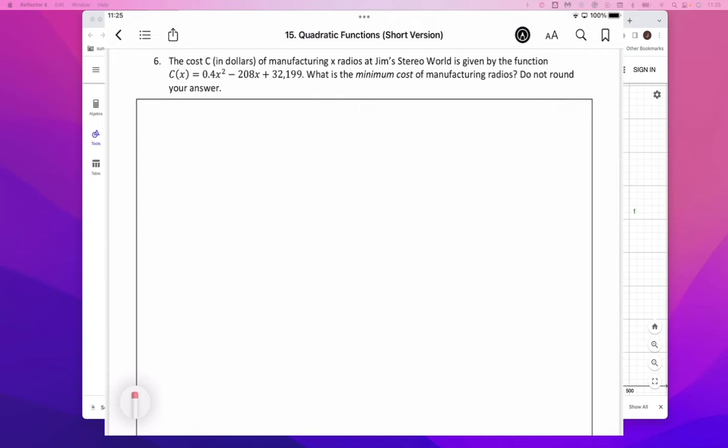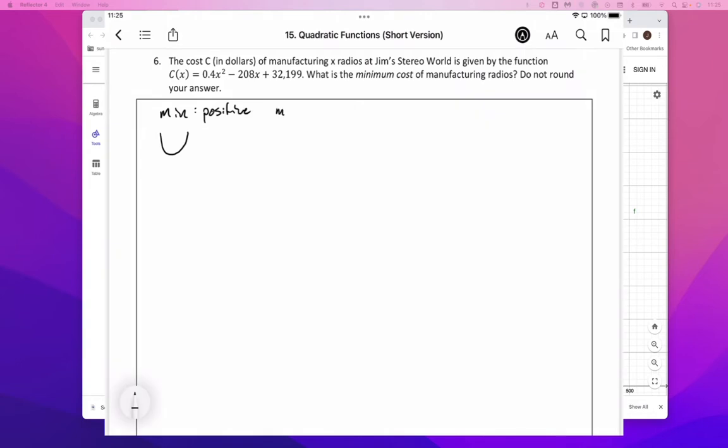And so again, we need to understand that if we're looking for a maximum or minimum, you will have a minimum if the function opens up, which is a positive leading term.